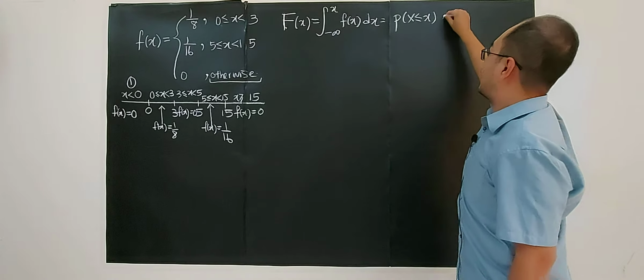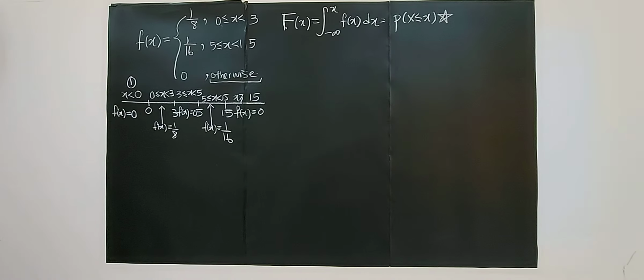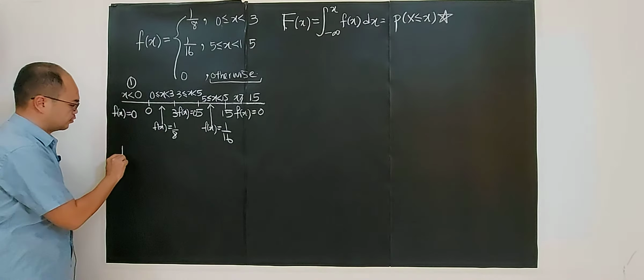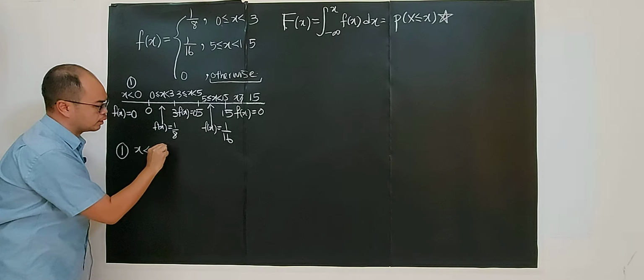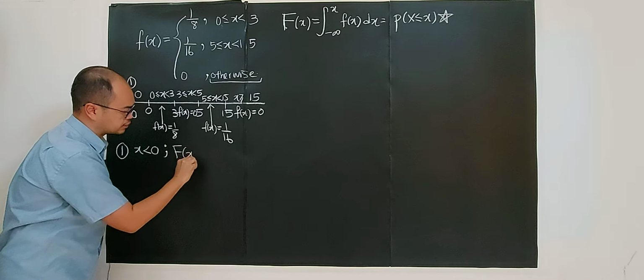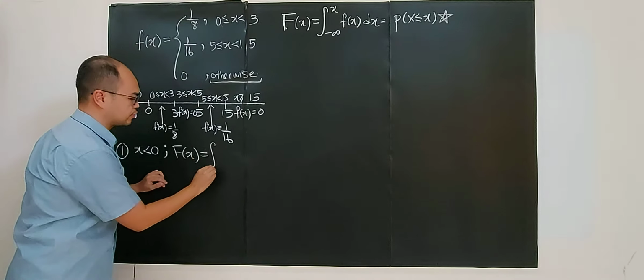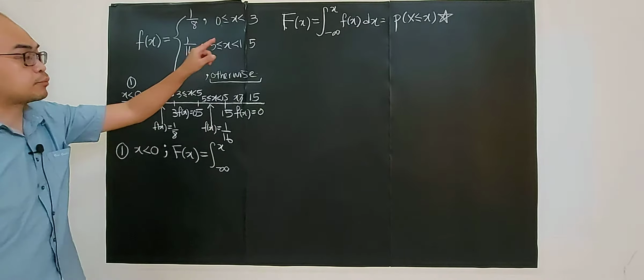Now, how do we use this definition to find the cumulative distribution function? It will take a bit of time, so it's time consuming to construct. Please pay attention. Now we use the first interval, where x is less than 0. Capital F(x) follows the definition, from negative infinity up to x.